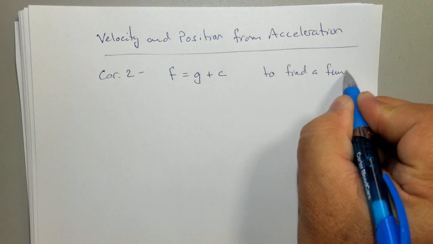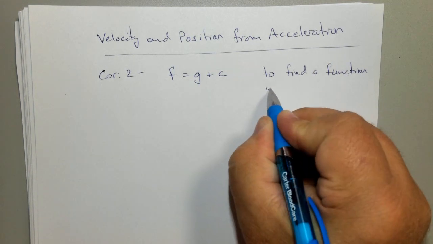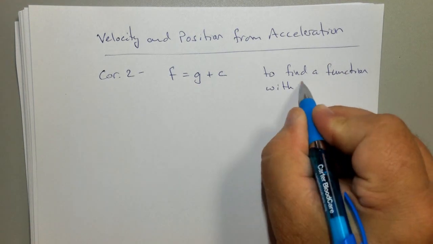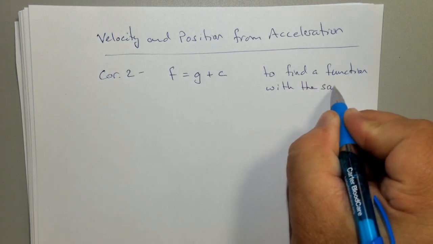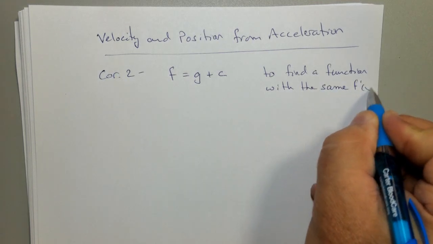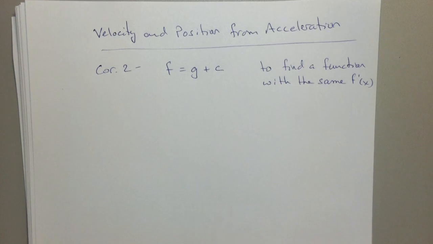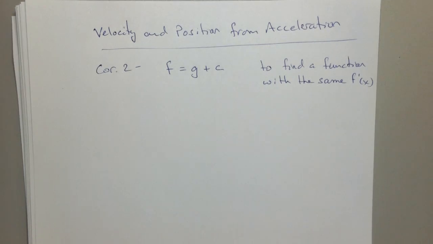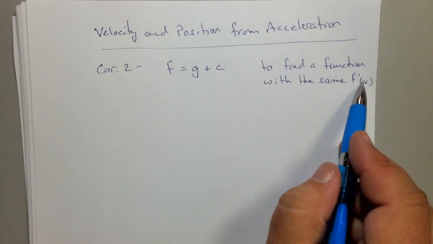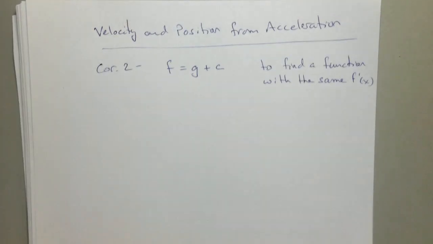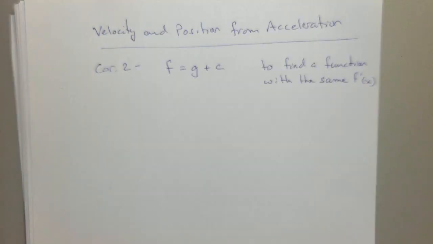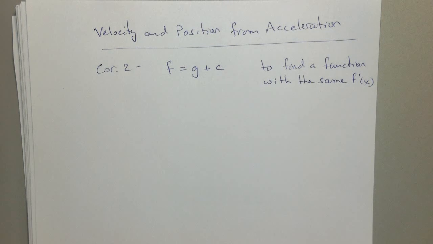Find a function with the same first derivative. That's what we're trying to do here. In other words, if we're given a function with a derivative, we could find the function that it came from. This is kind of working backwards.